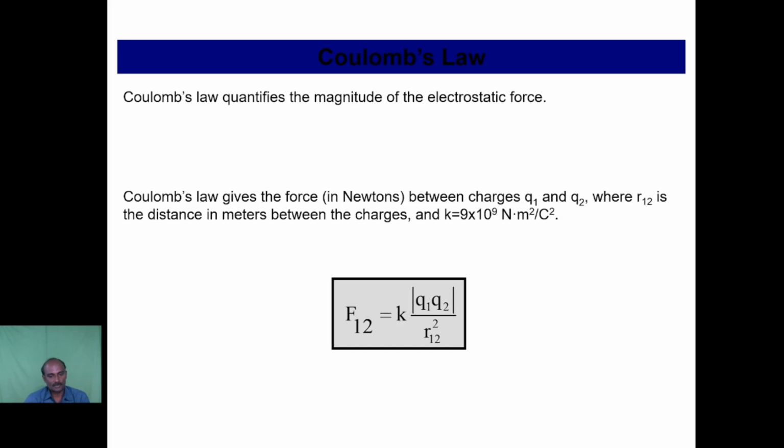That means the force between any two charges Q1 and Q2 is directly proportional to the product of the two charges, and it is inversely proportional to the square of the distance between the two charges. So we can write F12, the force between charges 1 and 2, is equal to K, a constant, times Q1 Q2, the product of the two charge magnitudes, divided by R12 square.